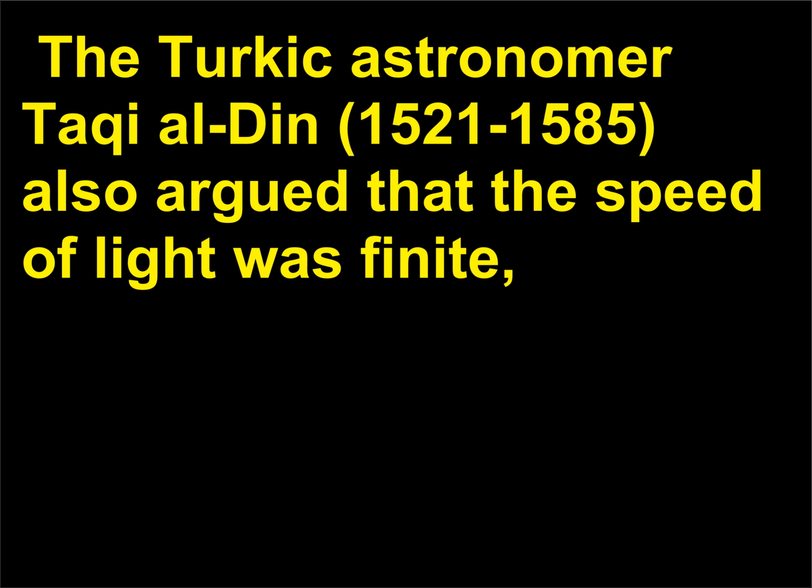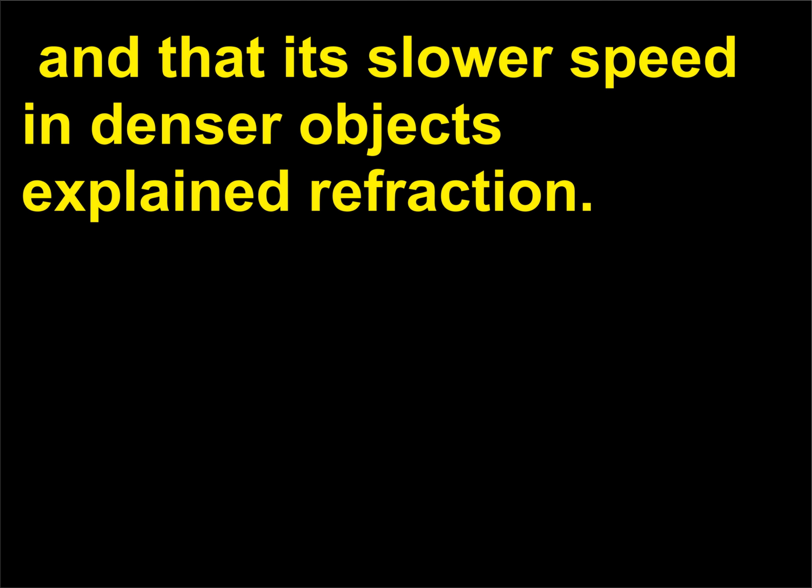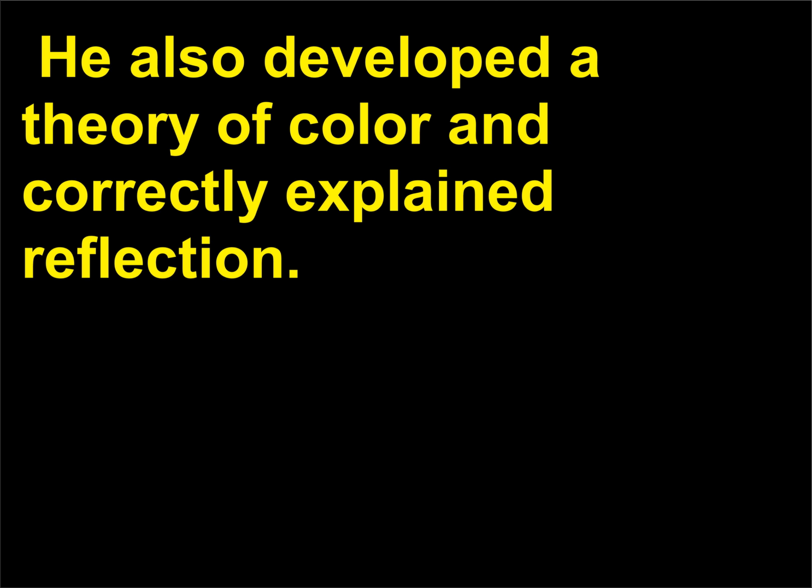The Turkic astronomer Taqi al-Din, 1521 to 1585, also argued that the speed of light was finite, and that its slower speed in denser objects explained refraction. He also developed a theory of color and correctly explained reflection.